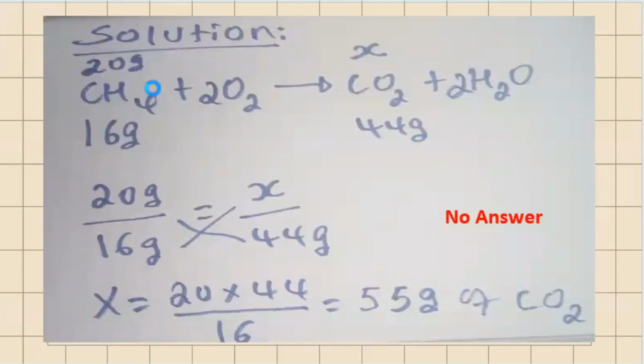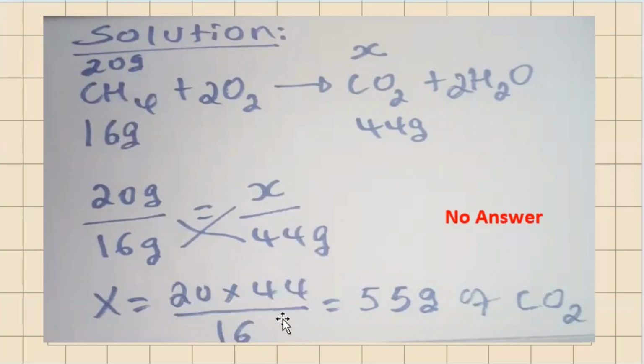And then use the mass ratio method, okay, because this is a mass problem. 20 gram divided by 16 gram equals X over 44 gram. X equals 20 times 44 divided by 16. 16 by 4 is 4. 20 by 4 is 5.